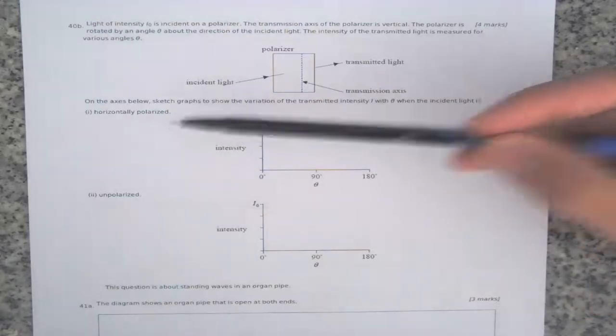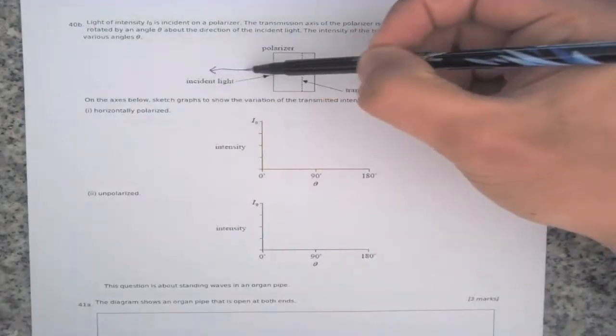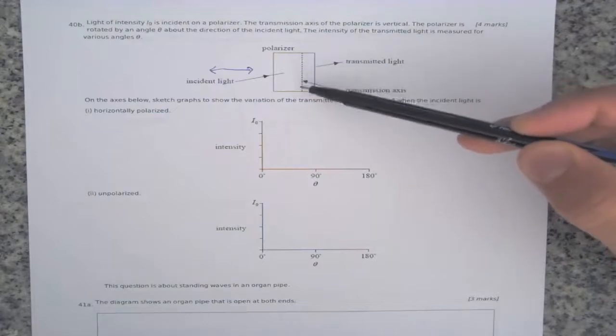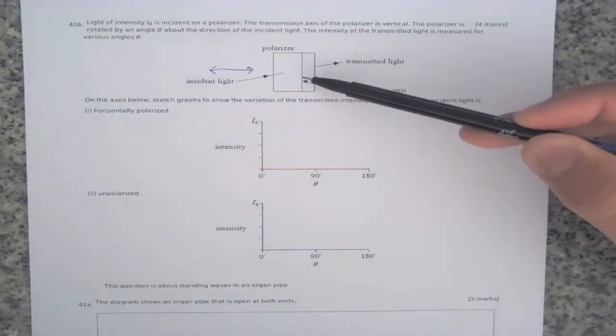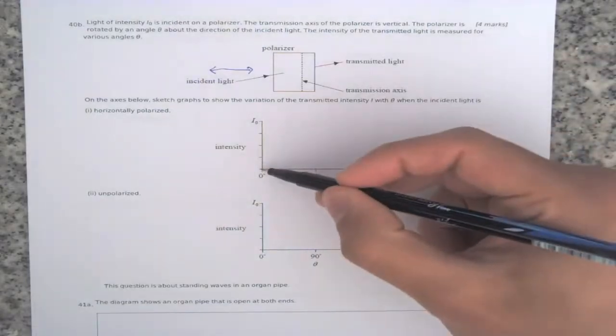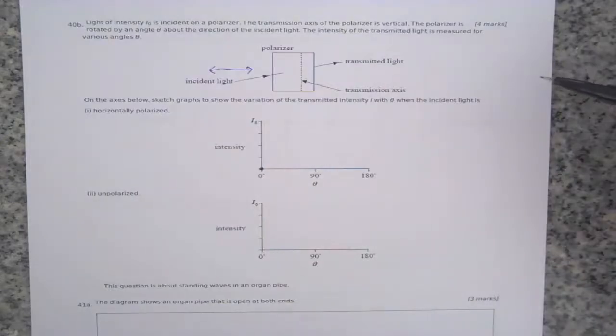So what is happening when you have horizontally polarized light? It means that it comes with this direction. So when it is incident initially with 0 degrees angle on the vertical axis of the polarizer, of course you will see no intensity. So you reach 0 intensity at the beginning.